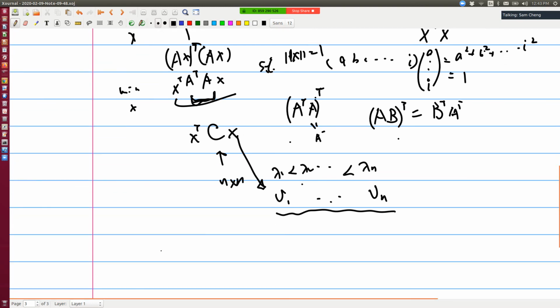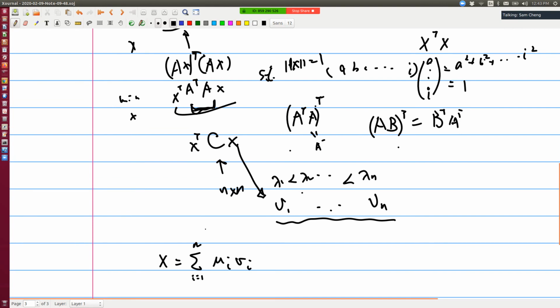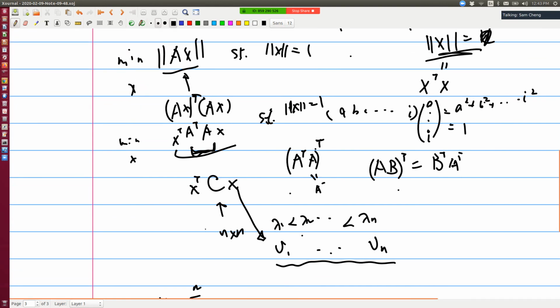So let's say, arbitrarily, I have any x here, I can write it as the sum of mu i times vi, i equal to 1 to n. So any x I can represent like this, right? You agree with that? Because these form the basis. And then I have the constraint, the norm equal to 1.